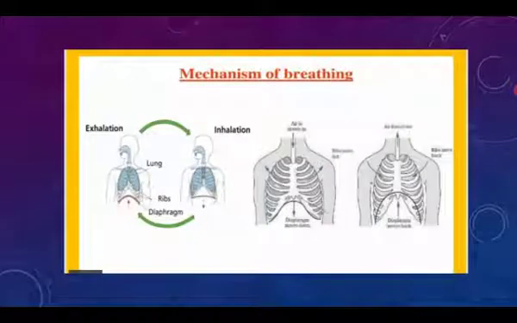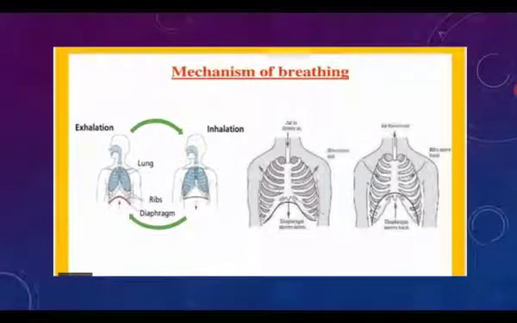Here I am going to explain the mechanism of breathing. Students, you are seeing one pair of lungs surrounded by the ribs. Below both lungs, there is a diaphragm. In the first figure, you are seeing that the diaphragm is going down. When the diaphragm goes down, the volume of the lungs increases.